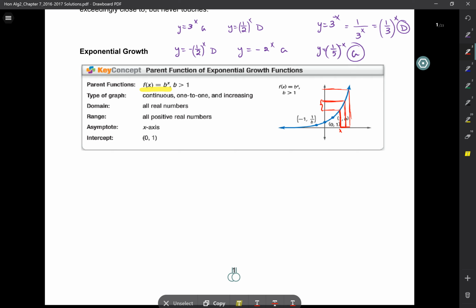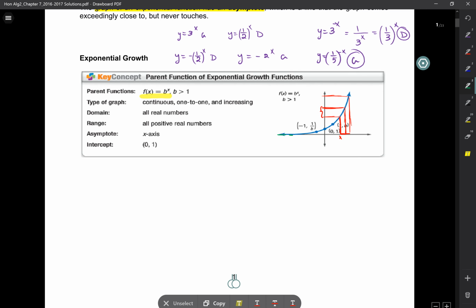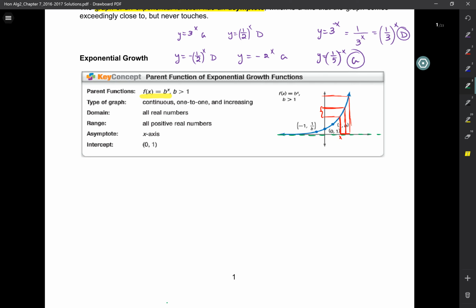So as you move along the graph, going over on the x-axis will give you a much higher change in the y. That's the characteristic of exponential functions. And let's not forget that there is always a horizontal asymptote that you always need to put on there.